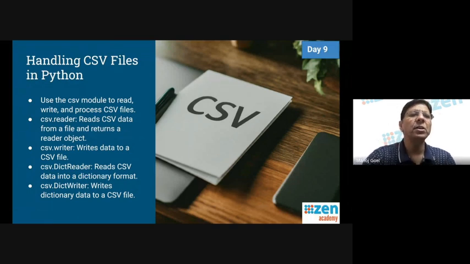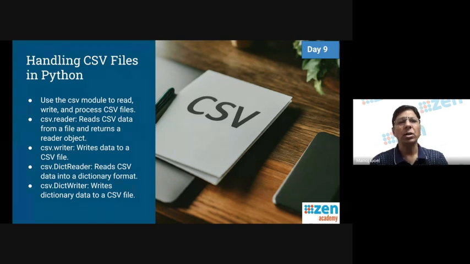CSV reader helps you to read CSV data from a file and return a reader object. As I told you, there is a module available, the CSV module, and you use it in order to read, write, and process the CSV files.